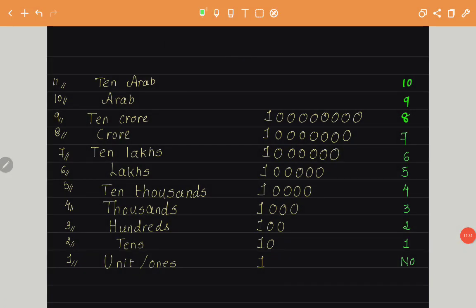Alright. So basically we are talking about the Indian place value chart. According to Indian place value, we have different periods. So let's look at that also. Here we will start from the small one.